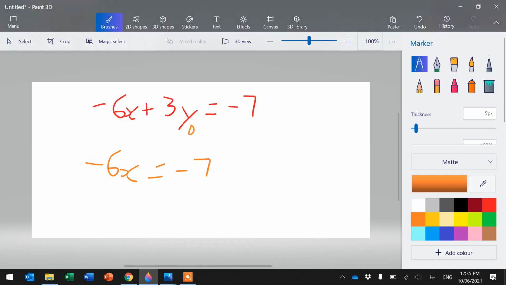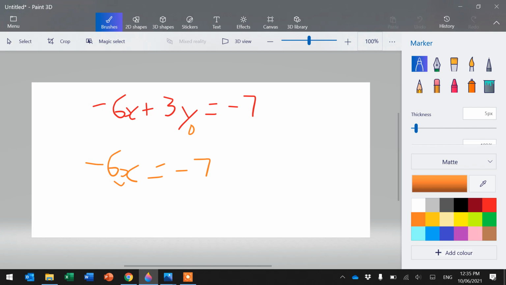Now, all we need to do here is divide both sides by minus 6, because this left hand side has got the x multiplied by minus 6, and we want to get that x by itself, so we have to do the opposite. At the moment it's multiplied by minus 6. We will now divide both sides by minus 6.